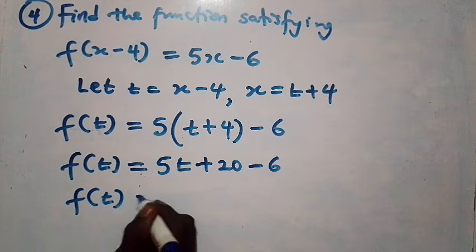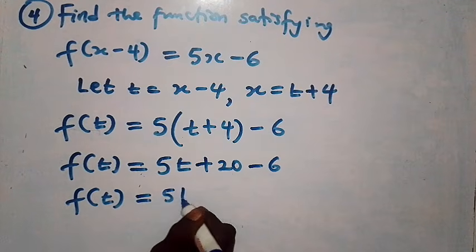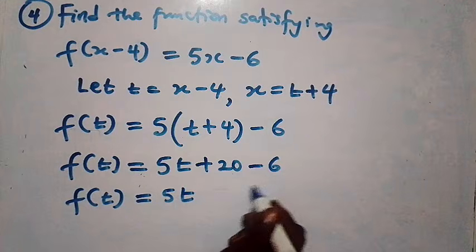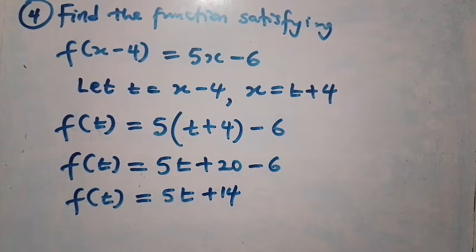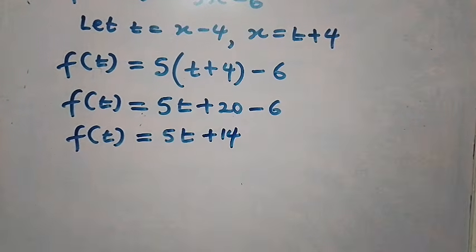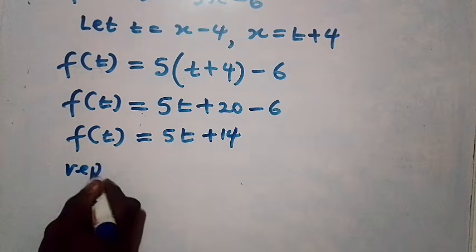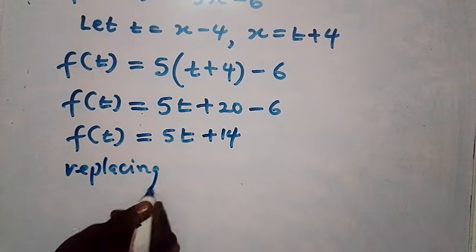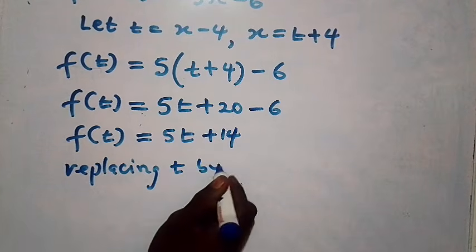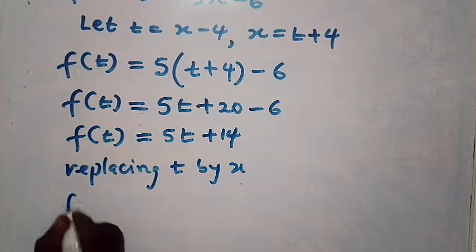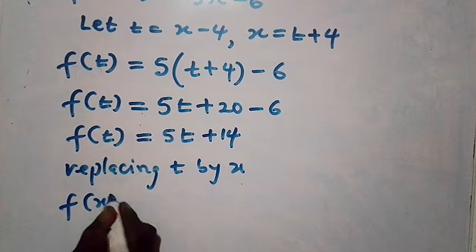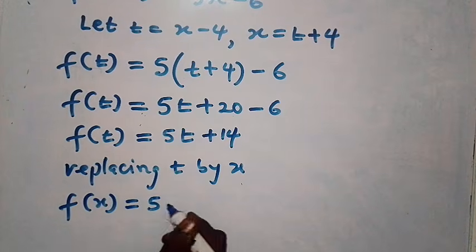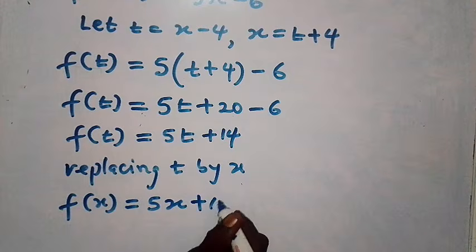F of t will be equal to 5t, 20 minus 6 will give 14. Now replacing t by x, the answer will become f of x equals 5x plus 14.